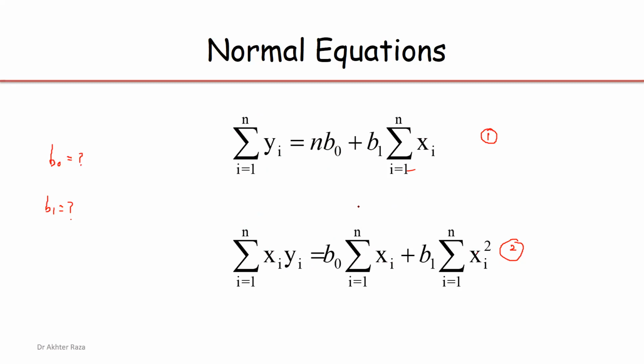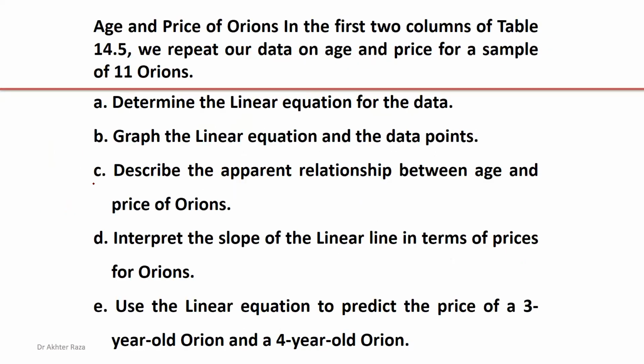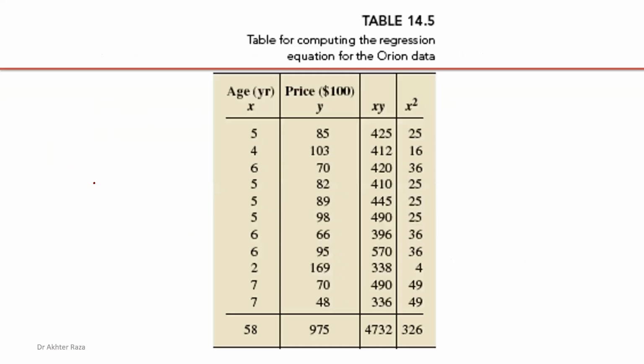So this is the technique which software generally uses to find the values of beta naught and beta 1. I will implement this model in R and show you how these beta naught and beta 1 are estimated. The summations will be calculated: summation xy, summation x square, summation y, summation x.